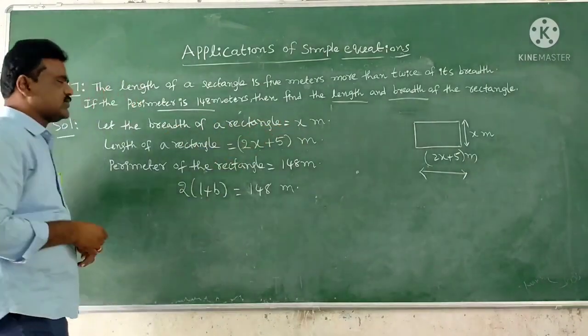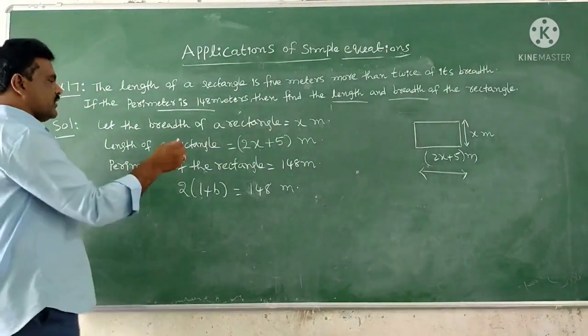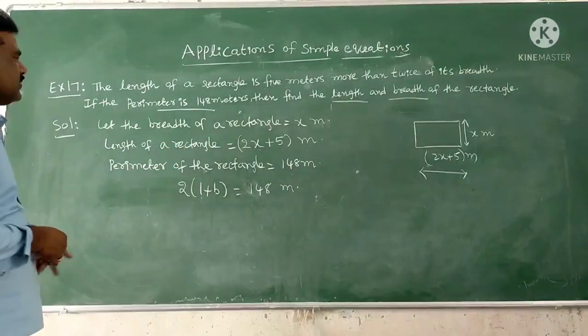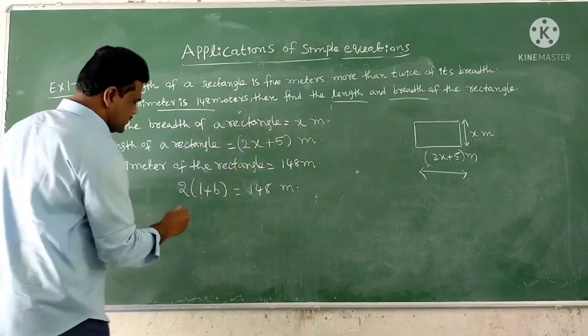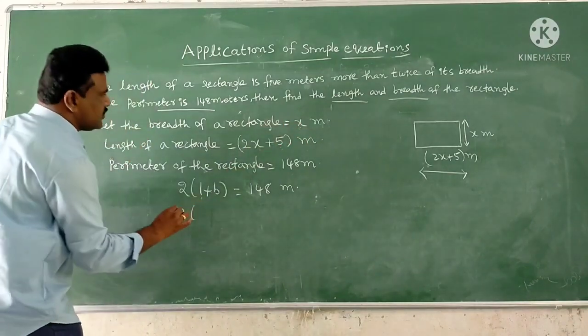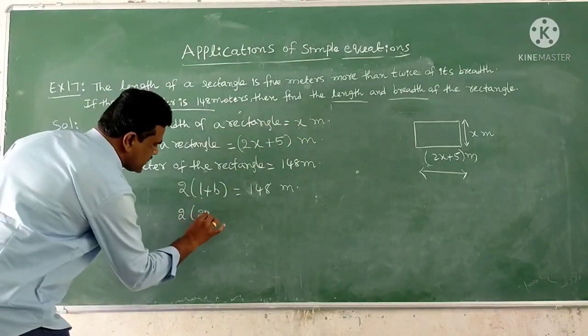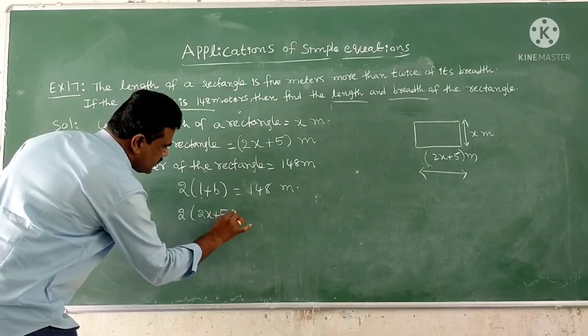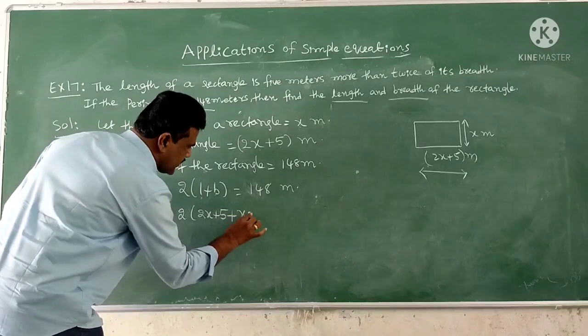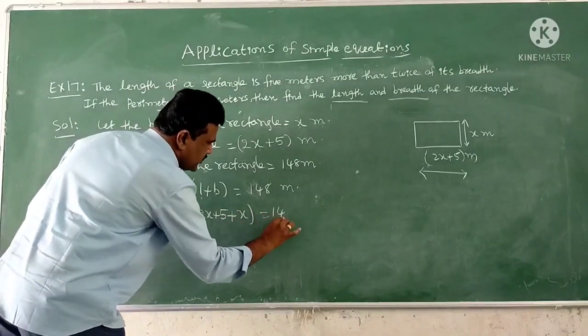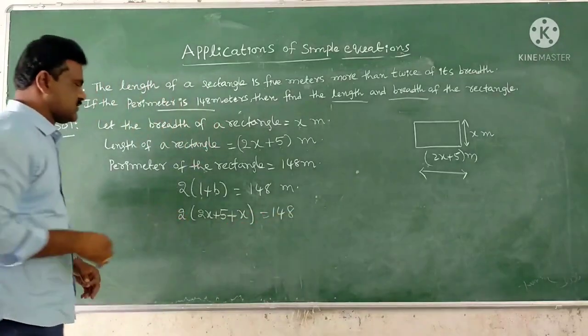So, substitute length and breadth in this formula. Length is 2x plus 5, breadth is x. Therefore, 2 into (2x plus 5 plus x) is equal to 148.